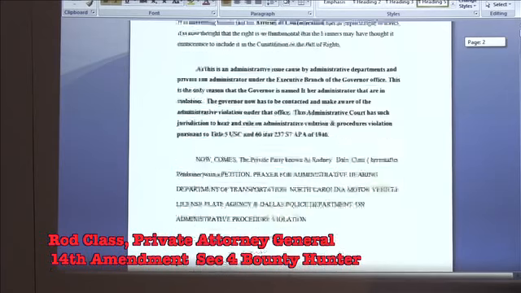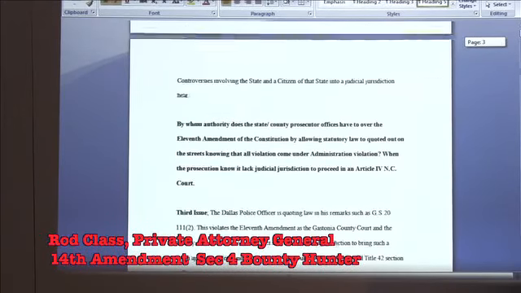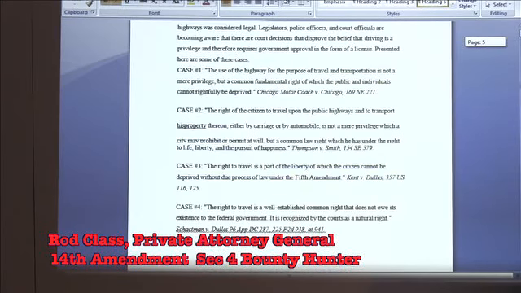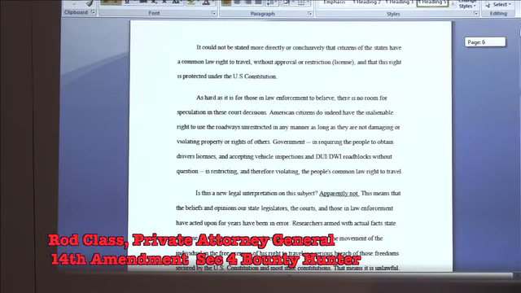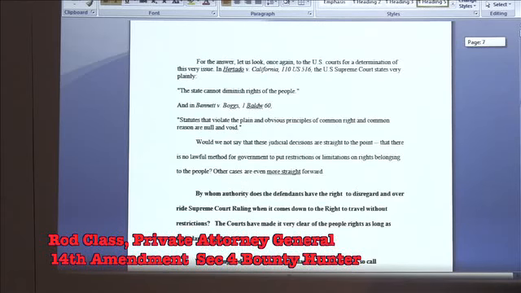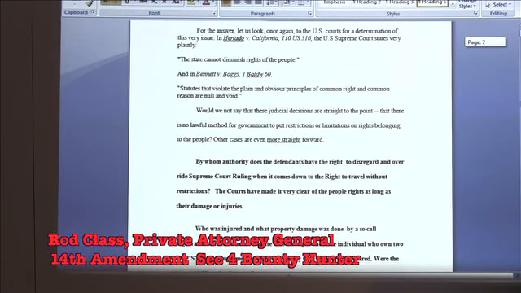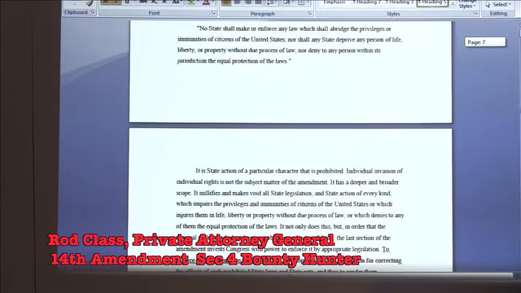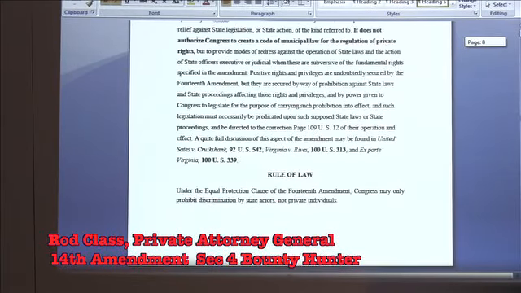DOT, Department of Transportation. Part of the problem is that you guys are coming in and you're wanting to use case law and the Constitution to show why I don't have to have a driver's license.